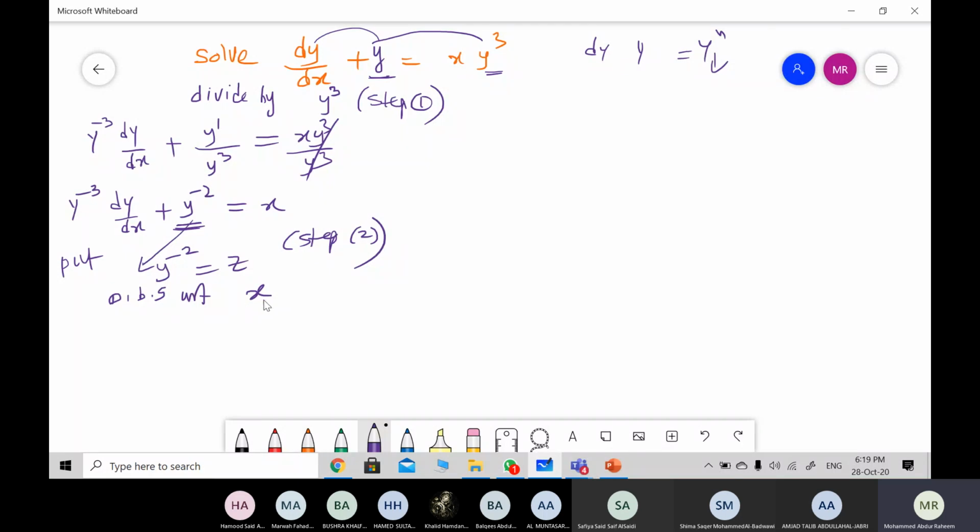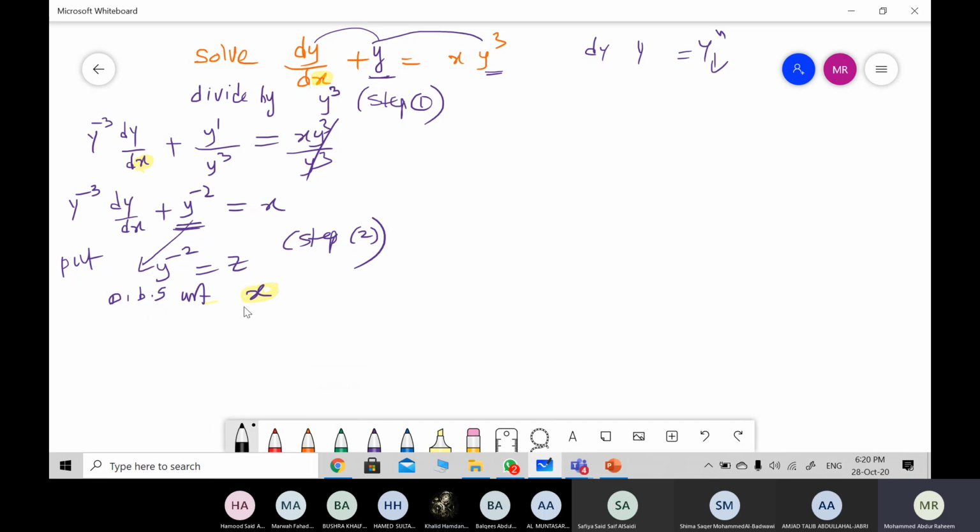Because whatever is in the denominator, we differentiate with respect to that. This is like integration. Some people in your class are not saying anything throughout the whole class.